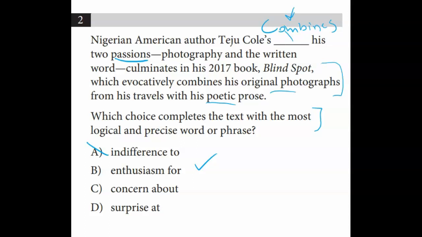Yeah, that makes sense. Concern about his two passions. I don't think that's best. It doesn't really express anywhere that he's concerned with anything. And then surprise at his two passions. No, because what would be surprising about his two passions? He wrote the book. Oh yeah, D doesn't make any sense. B is absolutely the correct answer choice here.